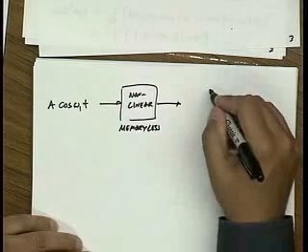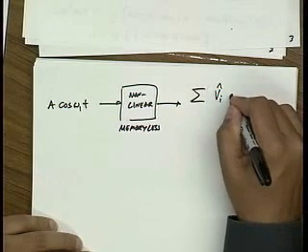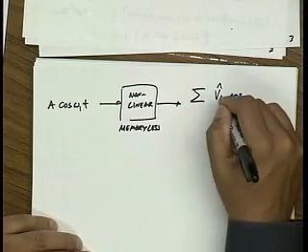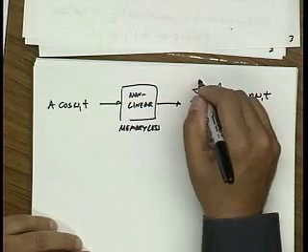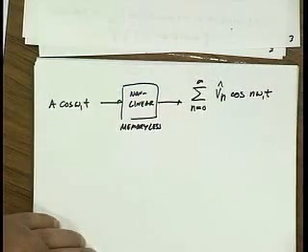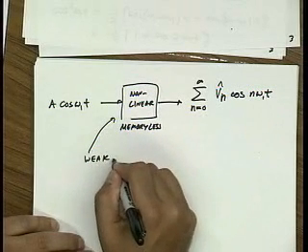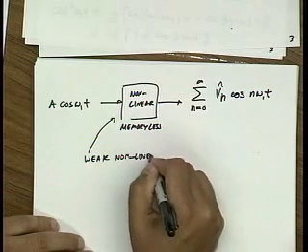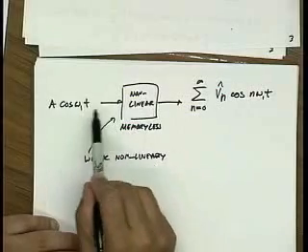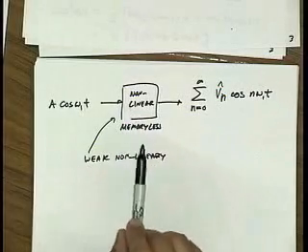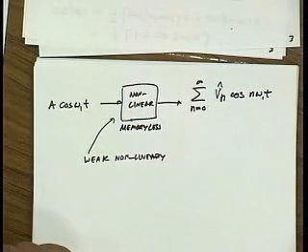And the output basically is going to be a sum of v_n cosine n omega 1t, where n goes from 0 to infinity. We call this a weak nonlinearity. Again, that's the assumption that we're not putting too big of a signal into our system.